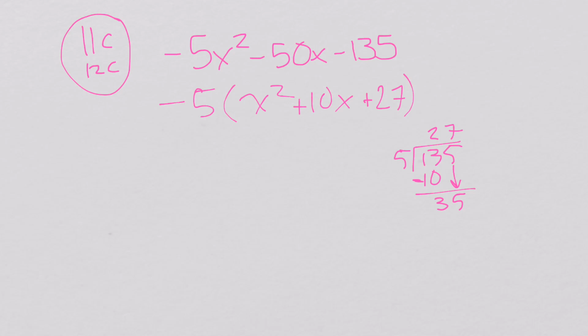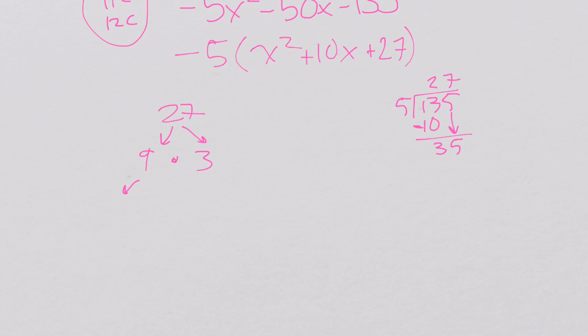So now we have this expression, and the question is, can we go any further? And the answer is no, not really, not with nice numbers, because factors of 27 could be 9 and 3. 9 times 3 is 27.